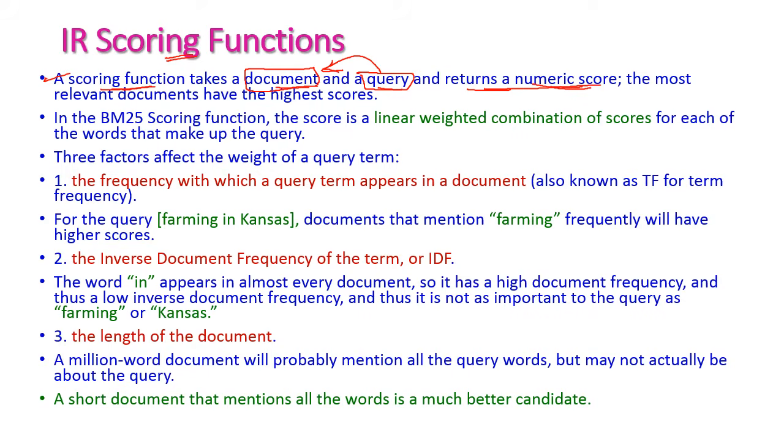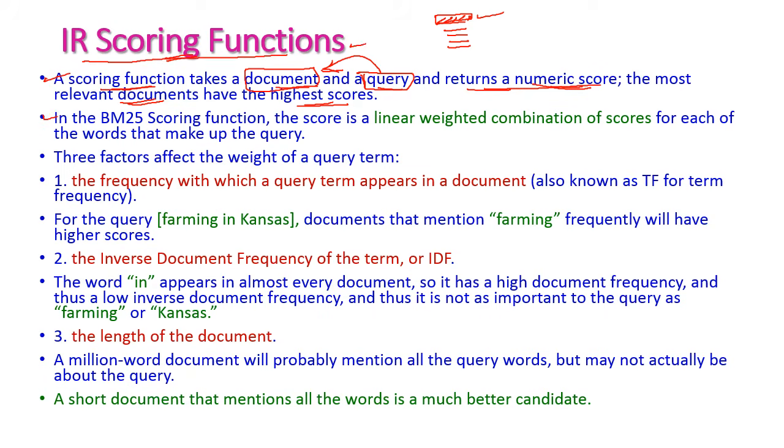Numeric score means when we enter the query, it will return a number of documents. For all the documents, a numeric score will be assigned, and the document which is more relevant to this particular query will get the highest score. That is, the first document will get the highest score. So this is called the IR scoring function.